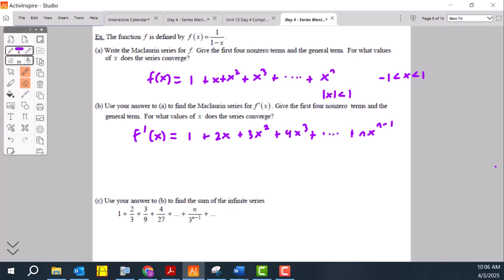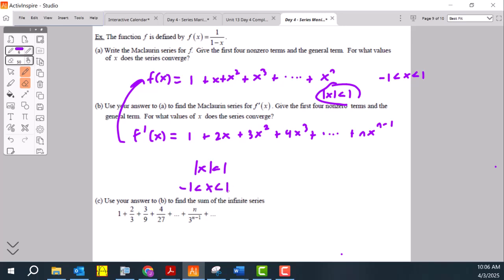That's just the interval of convergence. But this is no longer a geometric series. We can't just say absolute value of x is less than 1. But because it is the derivative of this one, the radius is the same. We can use the same radius. Absolute value of x is less than 1, so we have negative 1 is less than x, which is less than 1.